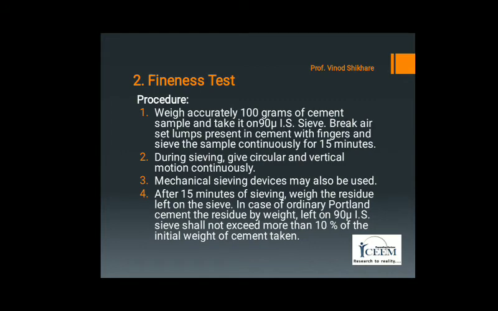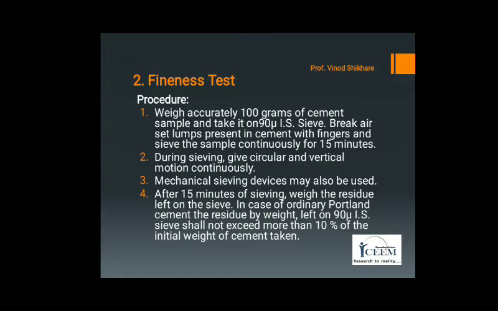Next test is the fineness test. It is carried out to check proper grinding of cement. The fineness of cement particles may be determined either by the sieve test or by the permeability apparatus test.